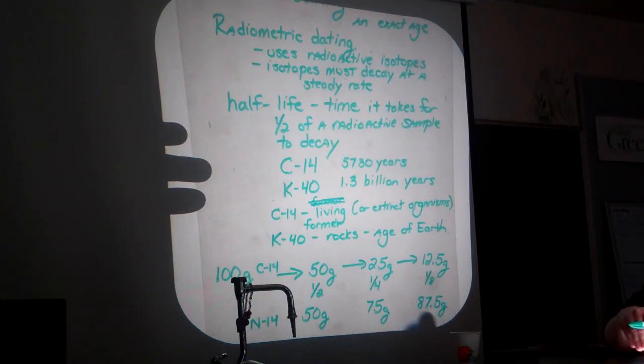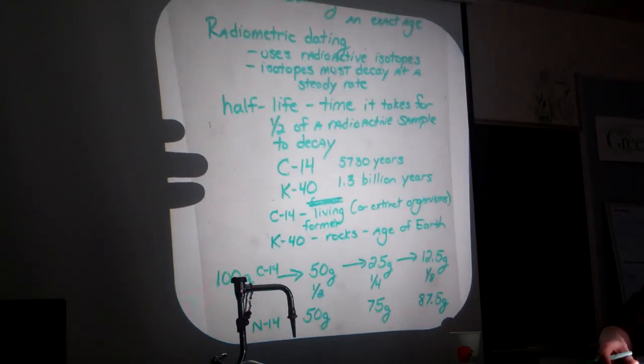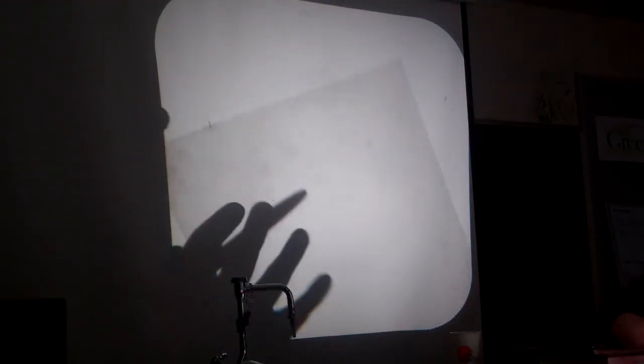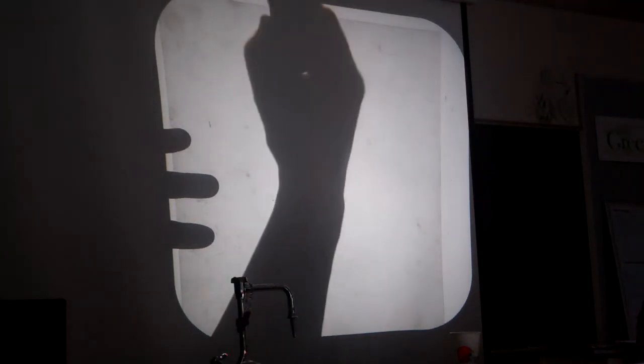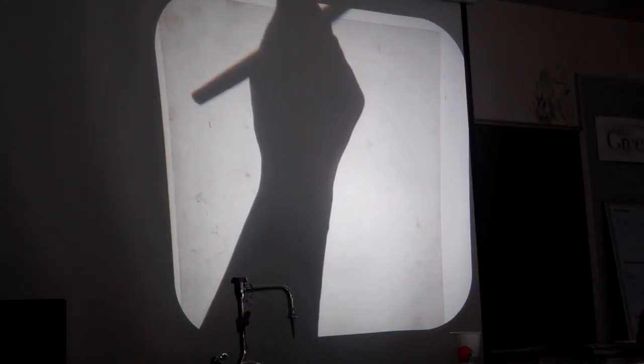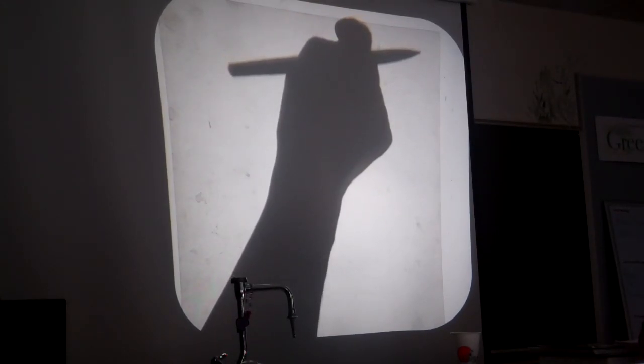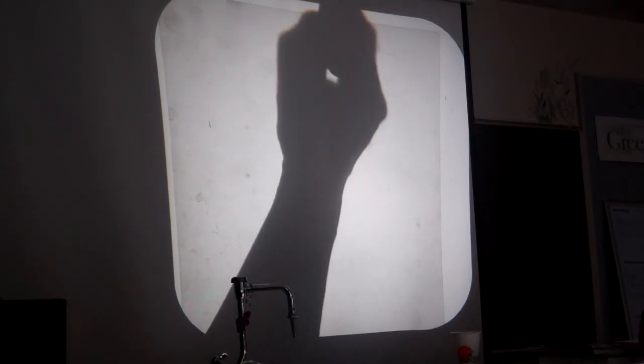Has anybody ever had to get a thyroid test where they injected you with radioactive iodine? My grandma has that. I know Erin Jewell did, so she was actually talking about it. This is an interesting application. If you have a thyroid issue, you have a thyroid gland, and this gland controls different metabolic activities. Some people's gets a little wacky.